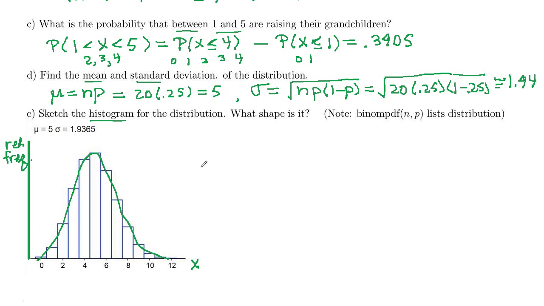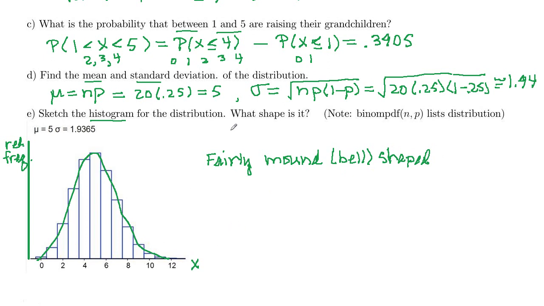So this is a fairly symmetric, bell-shaped curve, or you could say mound-shaped. It's only slightly skewed to the right. You see the tail goes off a little farther to the right than it does to the left. But this one is pretty symmetric.